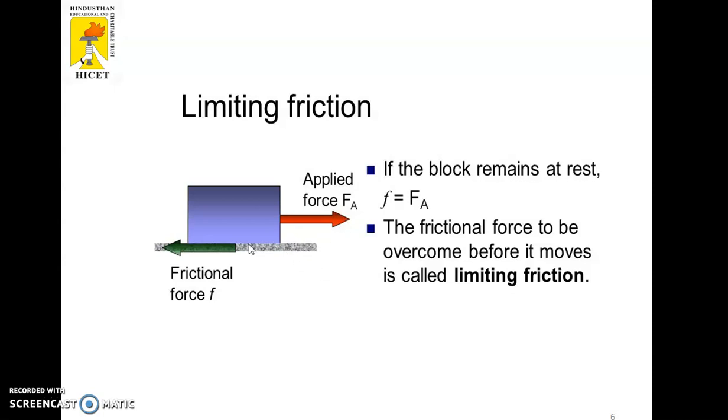Automatically, in the opposite direction, the frictional force is induced. What will happen? Here the applied force is equal to the frictional force when the limiting friction is to be overcome. So the limiting friction is applicable only for static friction. Now these two are equal, so the block will be in static condition.